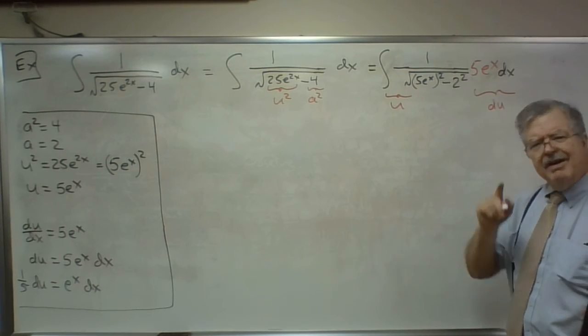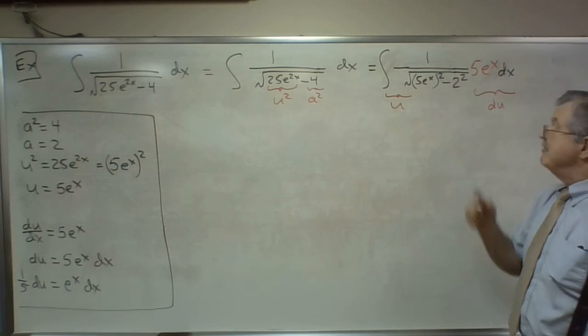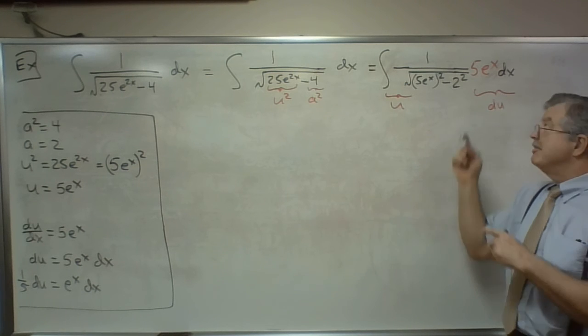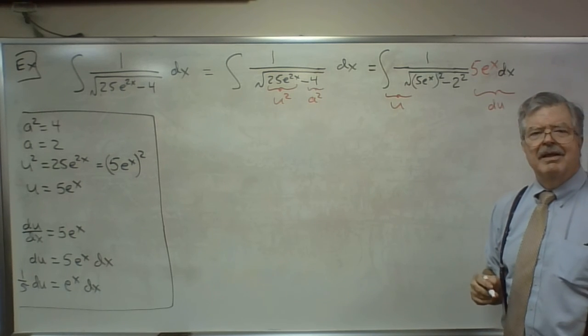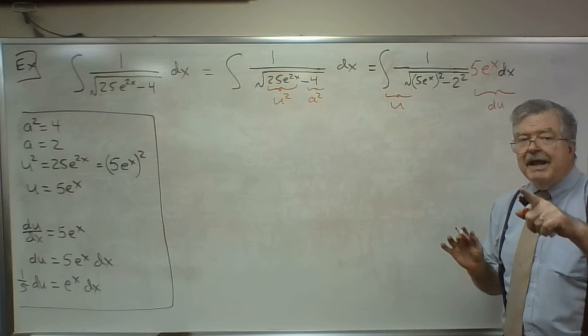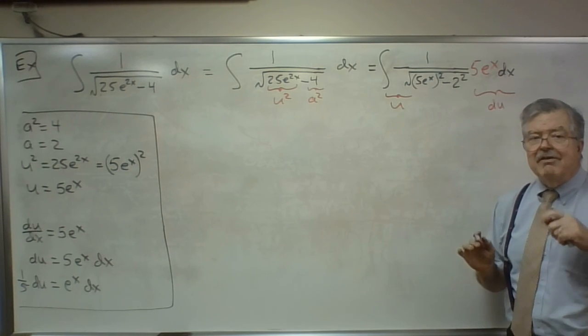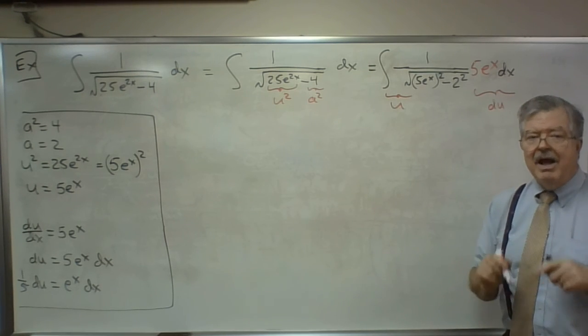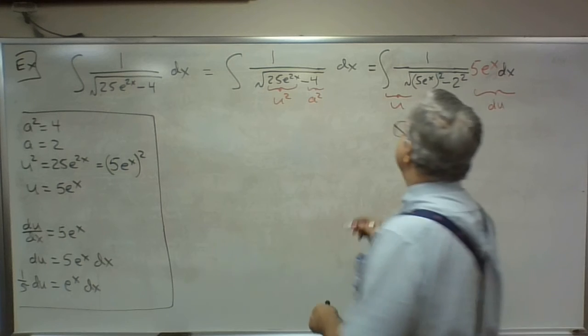You're right, I've sinned. I've multiplied something by 5 e to the x. I've changed the value of that thing. Now I've got to make atonement for my sin. And I can do that if, after multiplying by 5 e to the x, I divide by 5 e to the x.